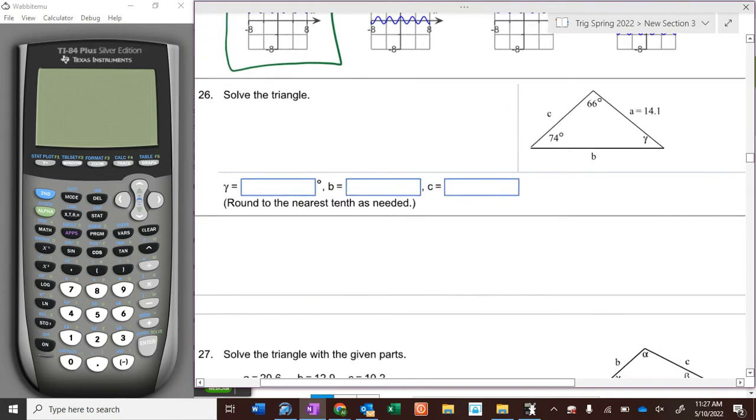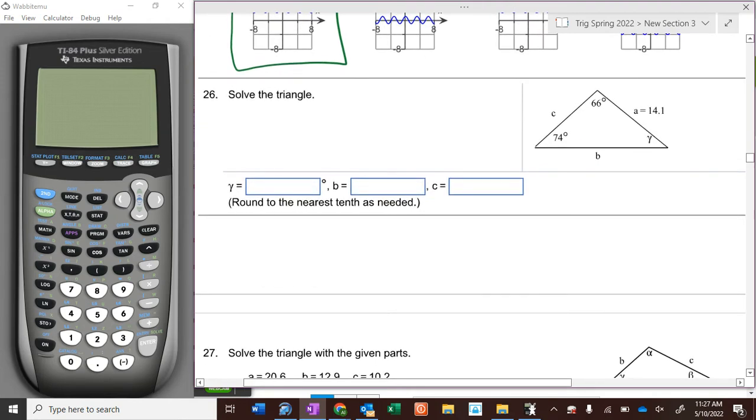So which one is problem number 26 when we have opposites? Law of sines. So we need to figure out the missing angle. 66 and 74, well, that adds up to 140. So what's left for y? 40.